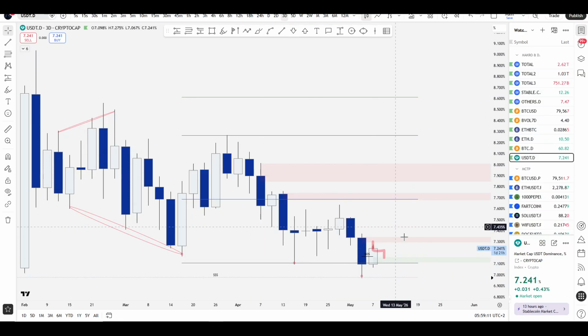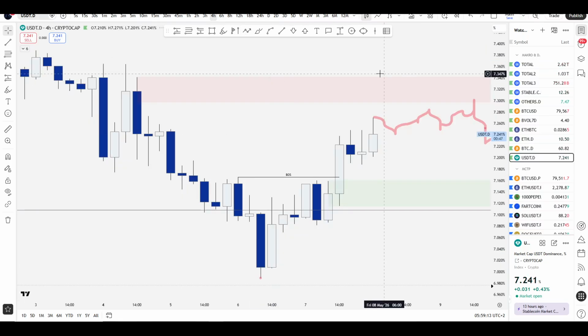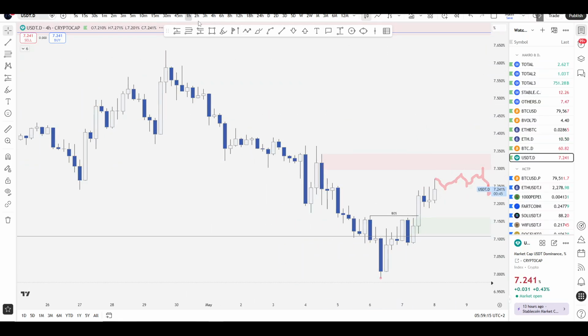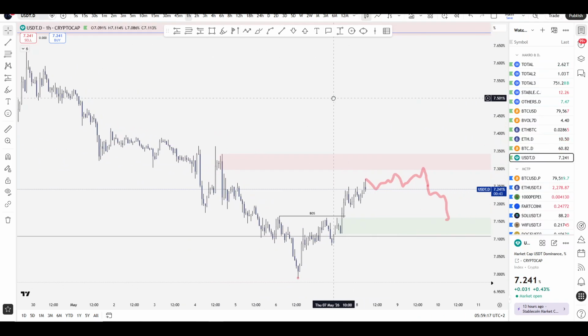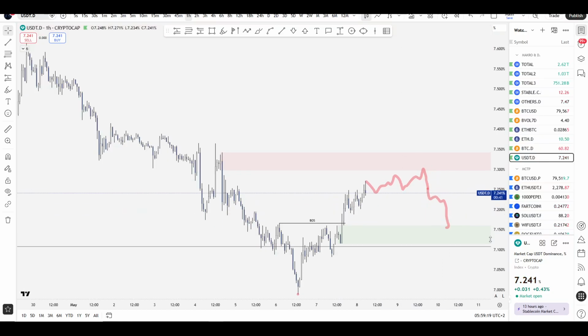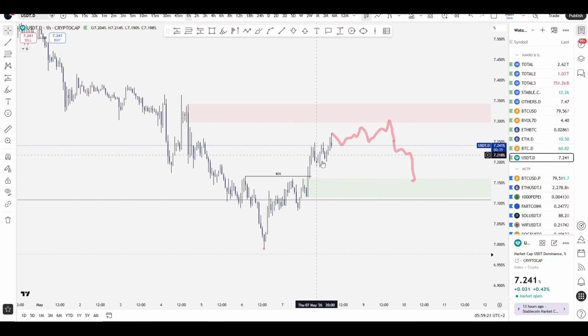It would be absolutely valid and fine if price wants to do this. But with a break like this, I don't really think that we will revert this whole move, but it can always happen. You never know. But my pre-planning would be something like this, some kind of exhaustion, maybe combining it with weekend liquidity.